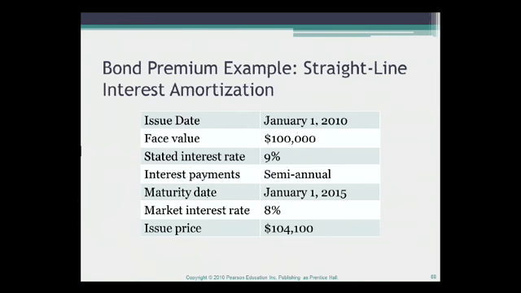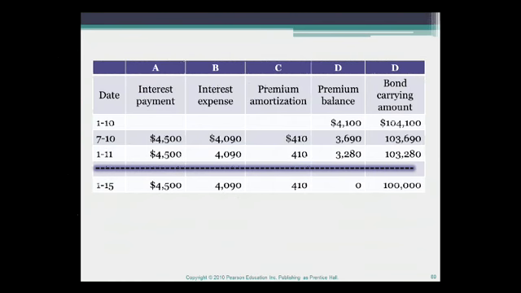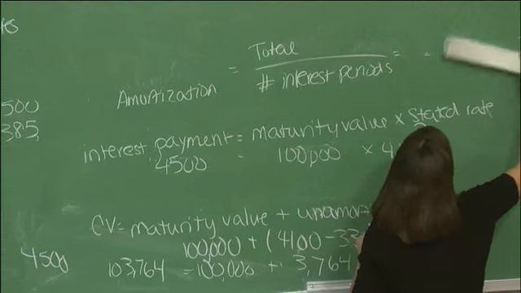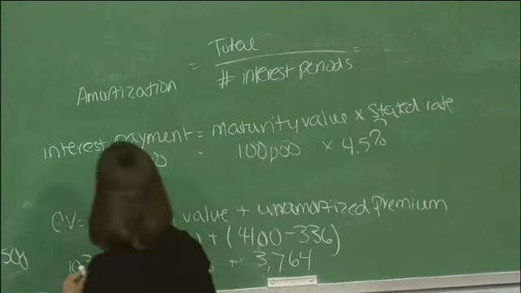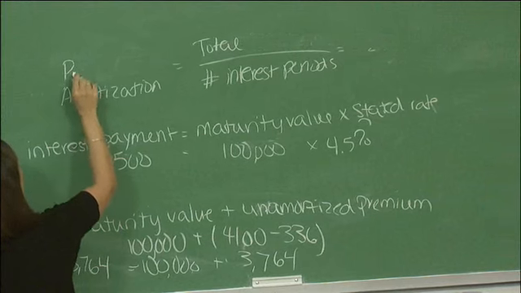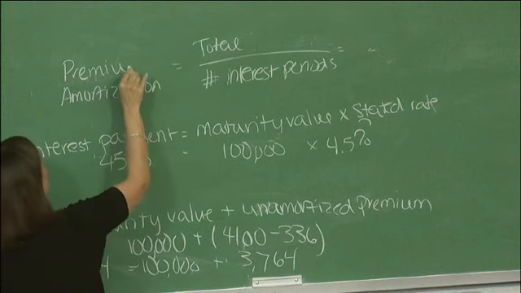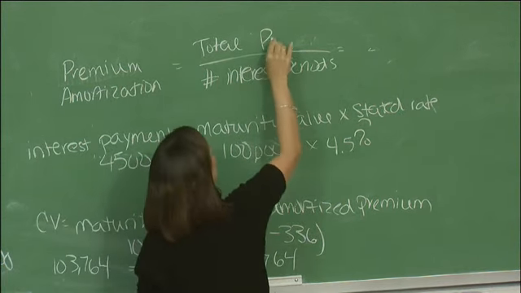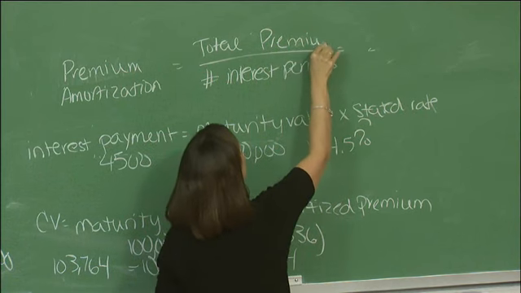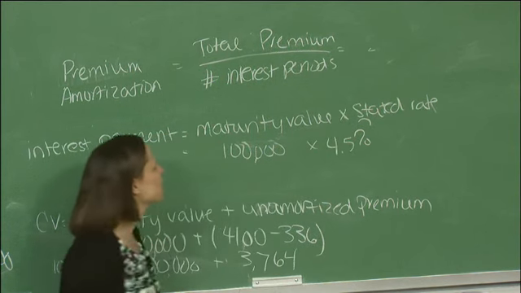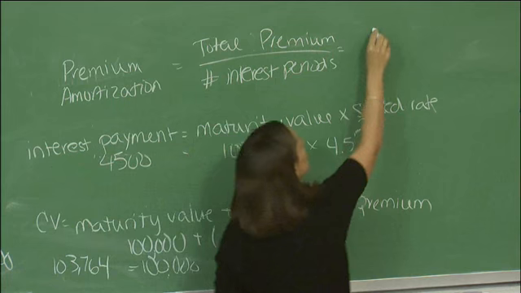Okay, if we look at the case of the premium that we've been looking at, again, we just change this to premium amortization. We take our total premium divided by the number of interest periods.